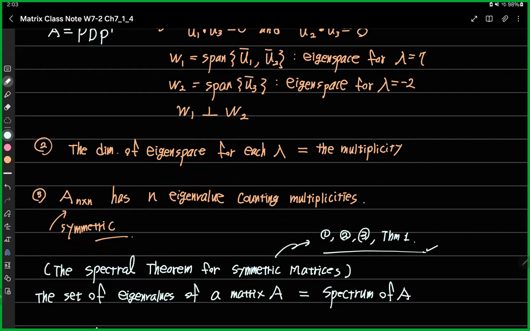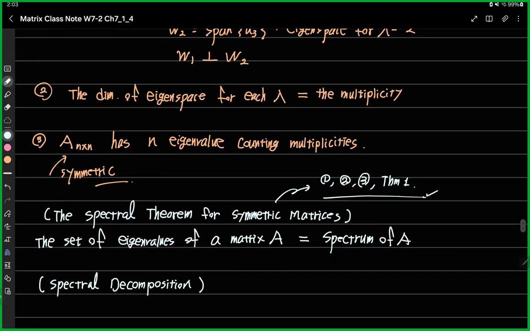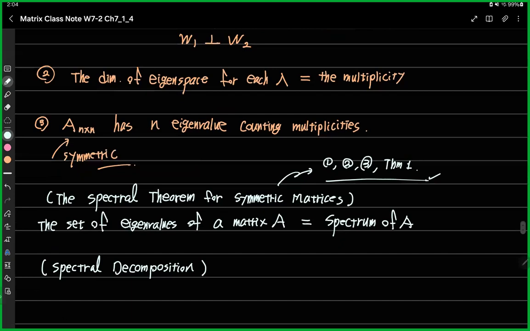Okay. Then, which means that the dimension of each eigenspace cannot exceed the multiplicity corresponding to the lambda. And then an n by n symmetric matrix A has n eigenvalues counting multiplicity, and then theorem 1.